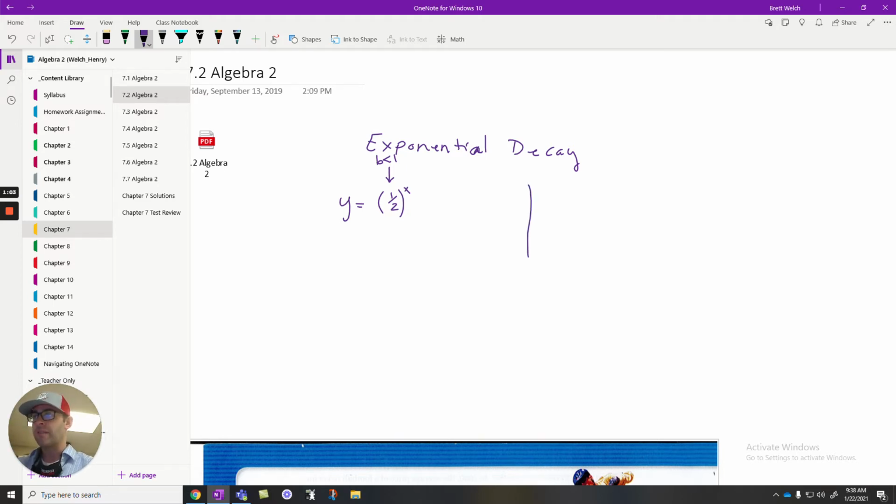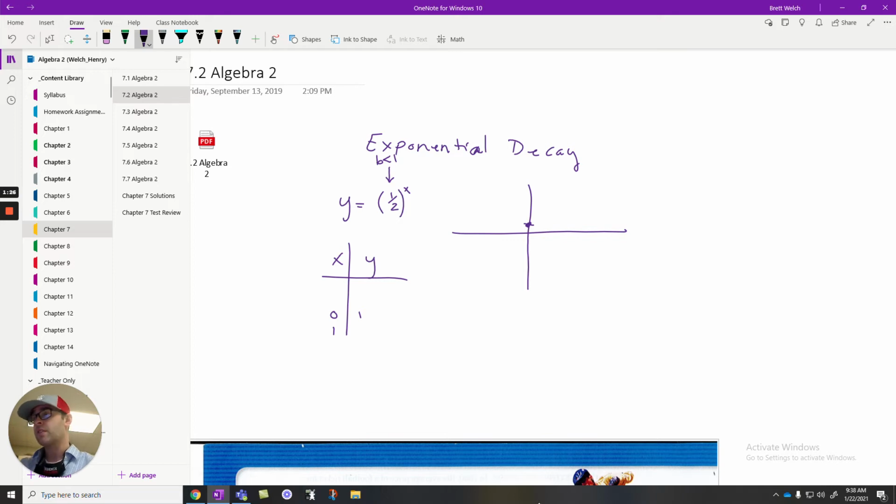And if we were to graph it, we would start with a little xy table. We know anything to the 0 power is by default 1. So 1/2 to the 0 power is 1, and I can put a dot right there, (0, 1). Anything to the first power is itself, like 2 to the first is 2, 5 to the first is 5.